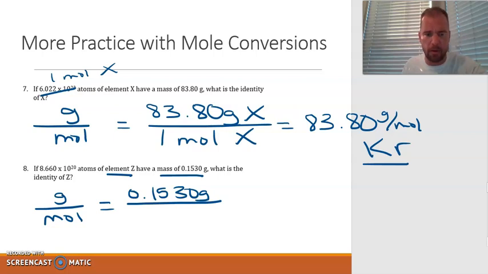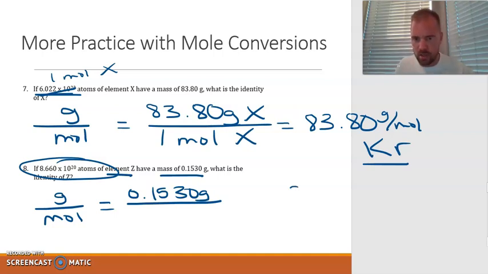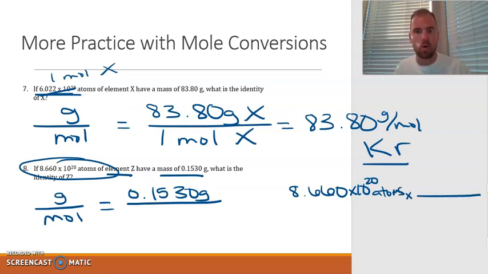Well, this time it gives me the particles, but it doesn't give me a nice number like it did before. Before, it gave me basically the definition of 1 mole, but I don't know how many moles this is. It's something less than 1 mole, I know that, but I don't know what it is. So off to the side, I'm going to say, okay, 8.660 times 10 to the 20th atoms. I'd like to figure out how many moles is that.